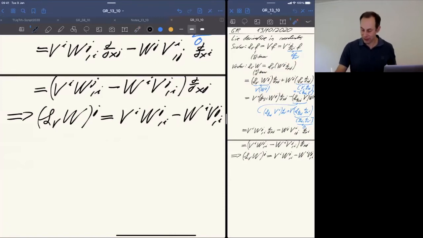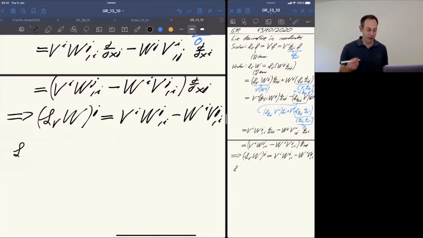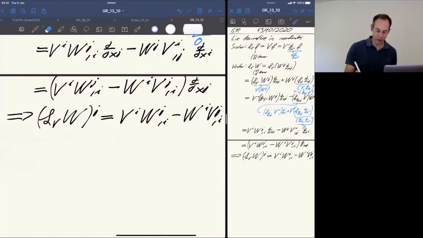So we have essentially now taken the Lie derivative of a function, we have taken the Lie derivative of a vector, and of course I could take the Lie derivative of an arbitrary tensor, but one thing which is qualitatively already showing everything is if I take the Lie derivative of a covector, because an arbitrary tensor, as you know, has the same behavior as a tensor product of vectors and covectors.